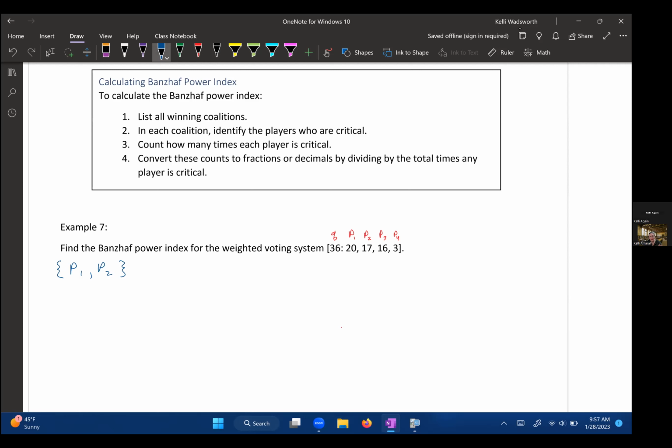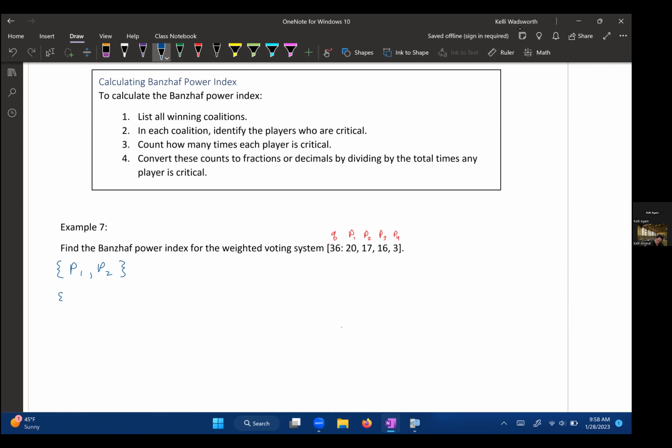Okay, so player one and player two together are a winning coalition because they have 37 votes and the quota is 36. What that also means is that any other coalition that contains player one and player two, plus extra people, is also winning. So let's make all those coalitions. We already know they're winning. The other players are kind of useless, but they do count as a coalition.